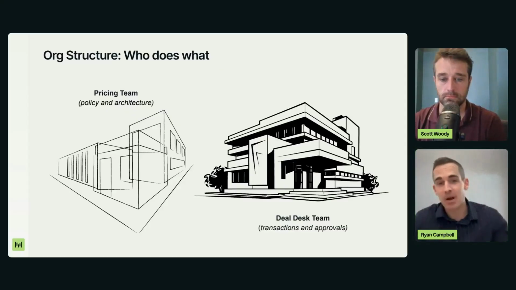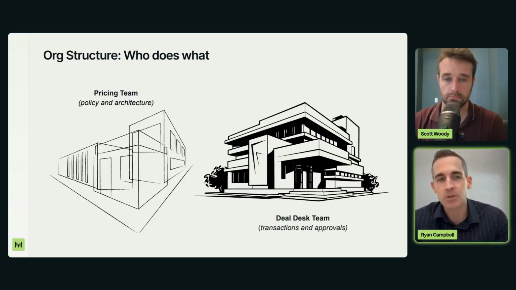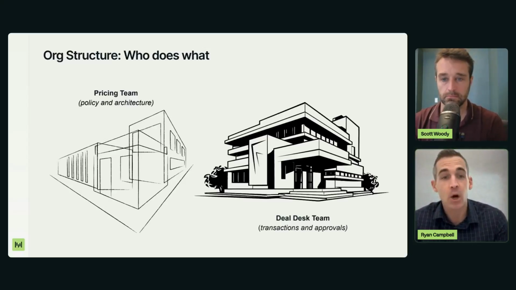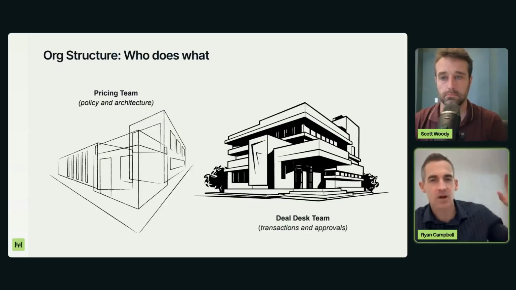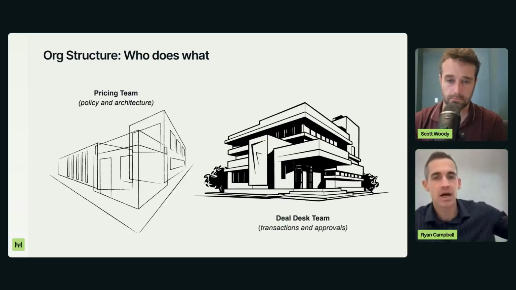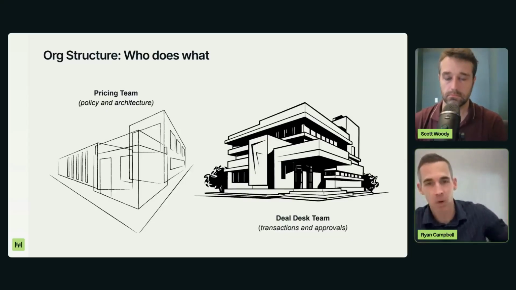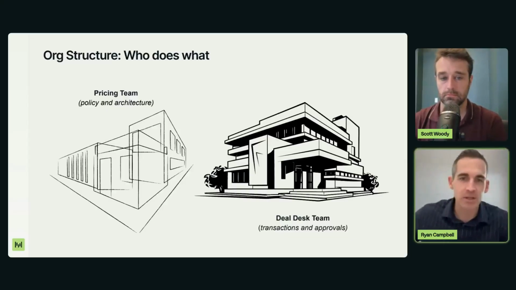I've seen in my prior life, there are worlds where these two teams are all on the same team, which I think helps drive a little bit more consistency. I think at our scale, though, the reason we want to keep those teams separate right now is that the pricing team is very much embedded and focused on upstream, how features are coming to market. And then the deal desk team is more focused on the execution side with customers and with the account teams on the ground.